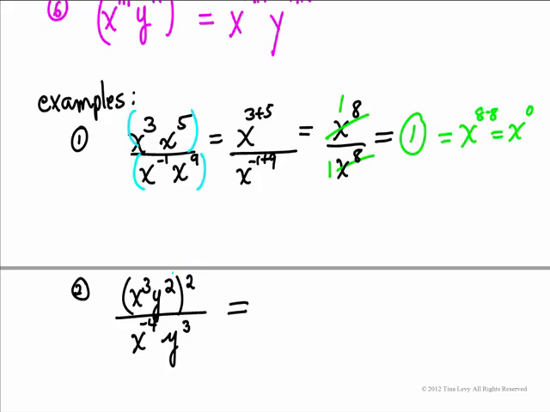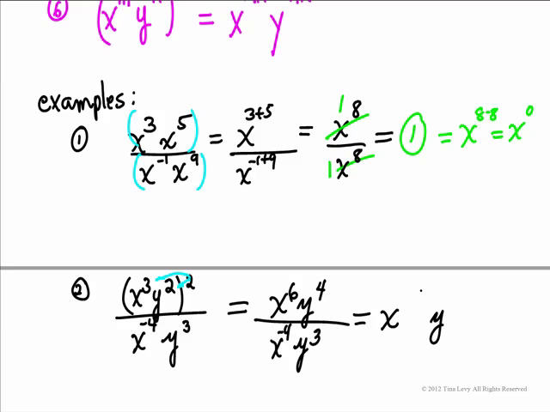So we're going to multiply the exponents by the 2 outside. This becomes x to the 3 times 2 is 6, y to the 2 times 2 is 4, divided by x to the negative 4, y to the third. But we've got division, so we're going to have x to a power and y to a power.